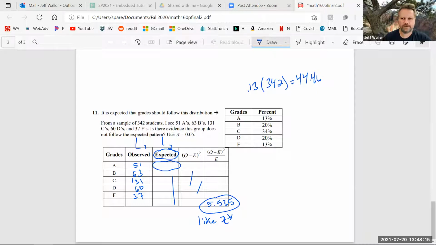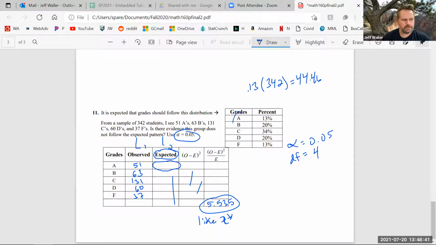Let me show you. Can you see it? Let me know if you can see it. Okay. So I know that alpha is 0.05. What's the degrees of freedom? 4. Good.